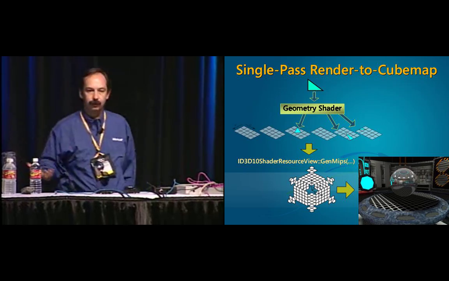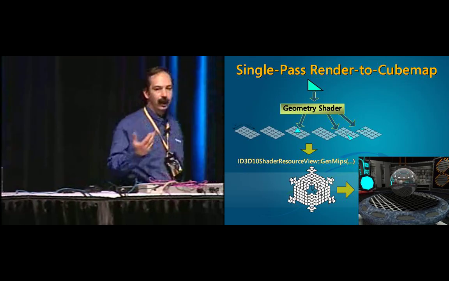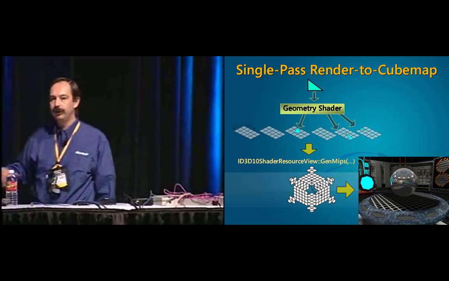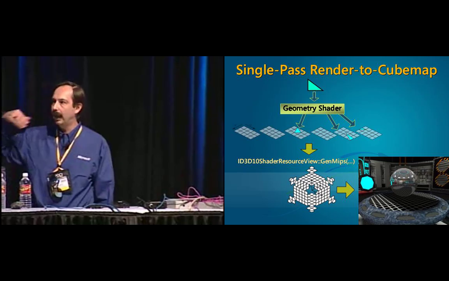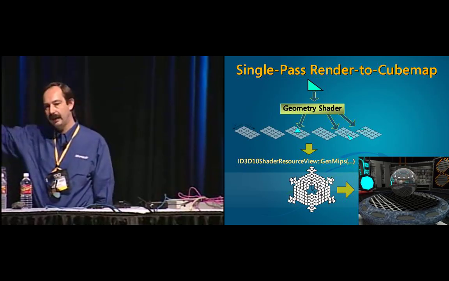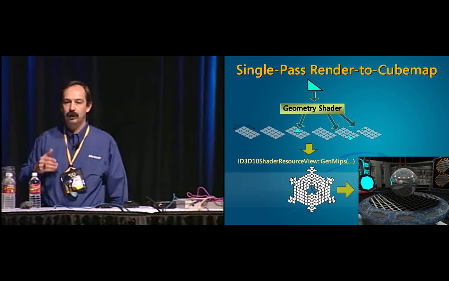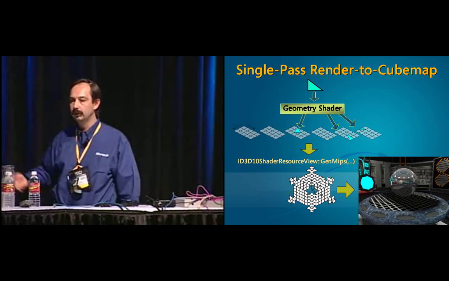But what if your environment is animated? What if there are objects moving through it? Typically you'd have to build this cube map for each and every object that's dynamically moving around. What's really bad is if that object falls into multiple faces of that environment map, you may have to do multiple passes to do that.